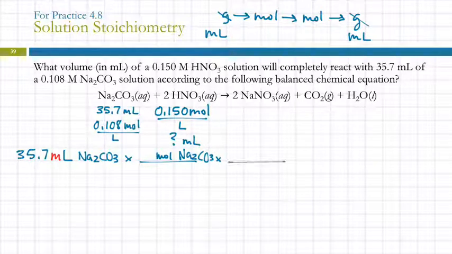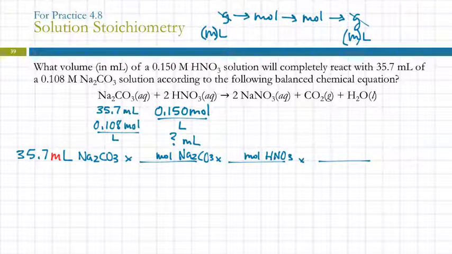And then we're going to moles of nitric acid. And again, I'm setting aside the milli part. So up here the milli is there, but I'm just going to ignore it for now. So I'm thinking in terms of liters to moles to moles to liters. Liters of nitric acid. And I'm going to put these units in.